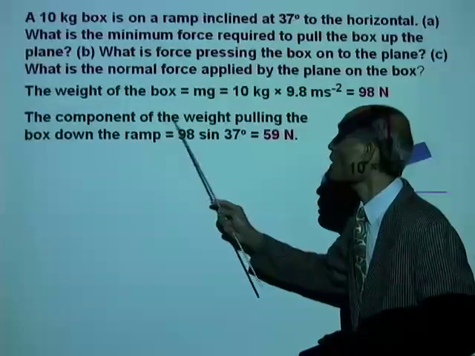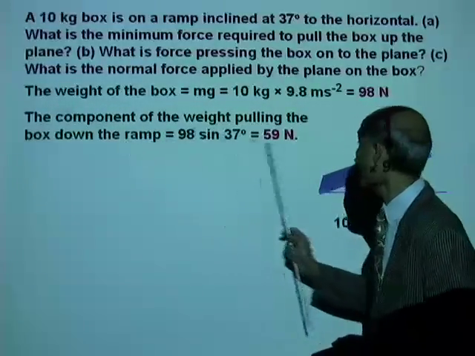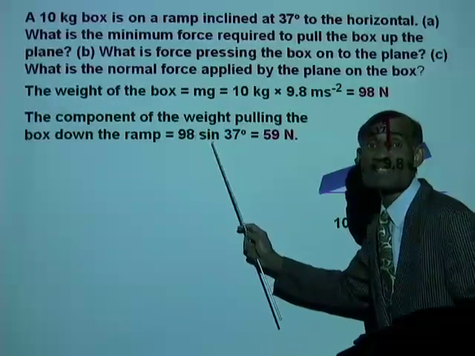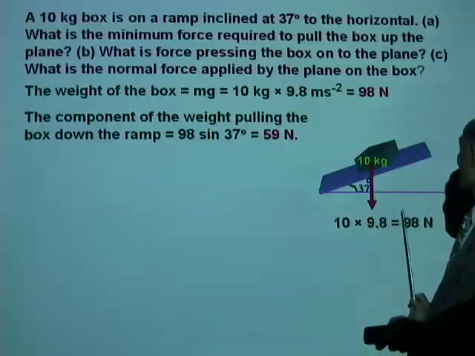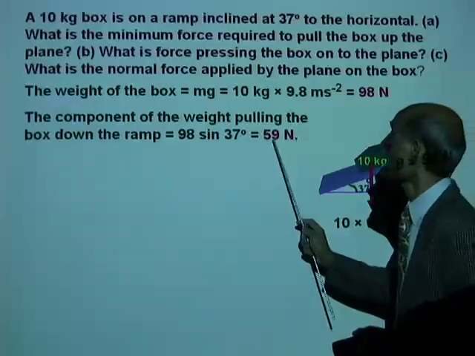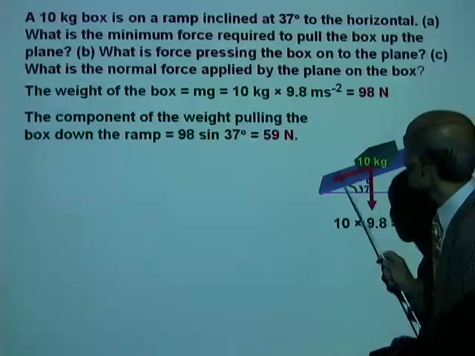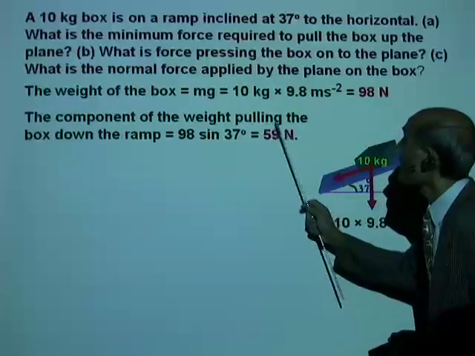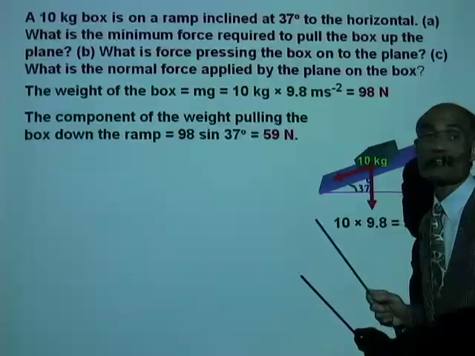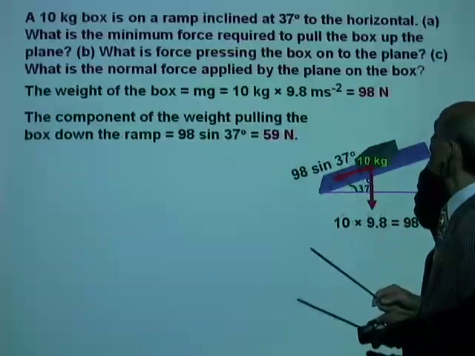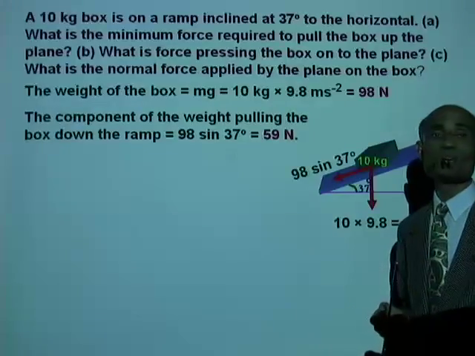The component of the weight pulling the box down the plane will be mg sine theta, that is 98 sine 37 degrees, that is 59 Newton. So the force pulling the box down the plane is 59 Newton, which is 98 sine 37 degrees.